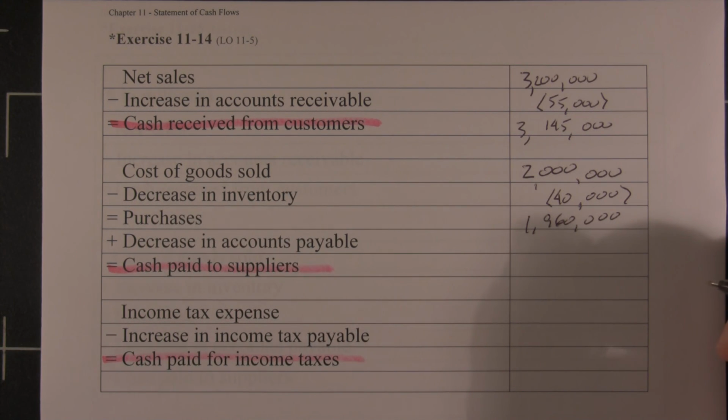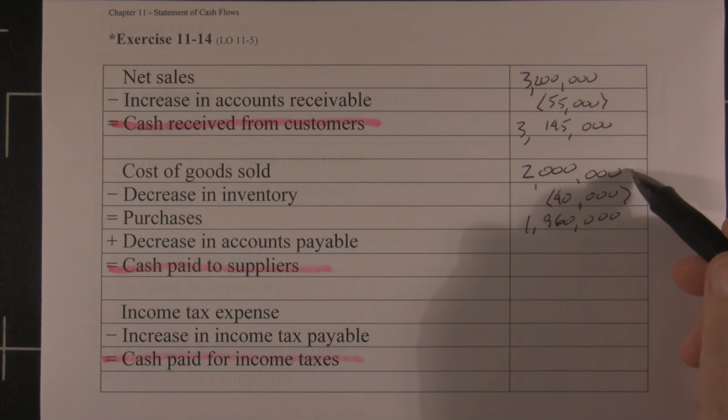Now, our accounts payable went up $17,000. Okay. Now, since we're looking at a cost, again, we have to take a look at our accounts payable.